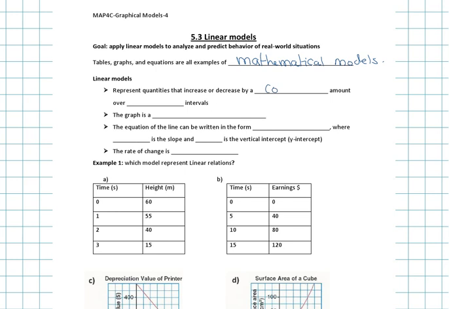So a constant amount over equal intervals. In the example I just gave you, the equal intervals are every hour, right? So every hour is an equal interval.